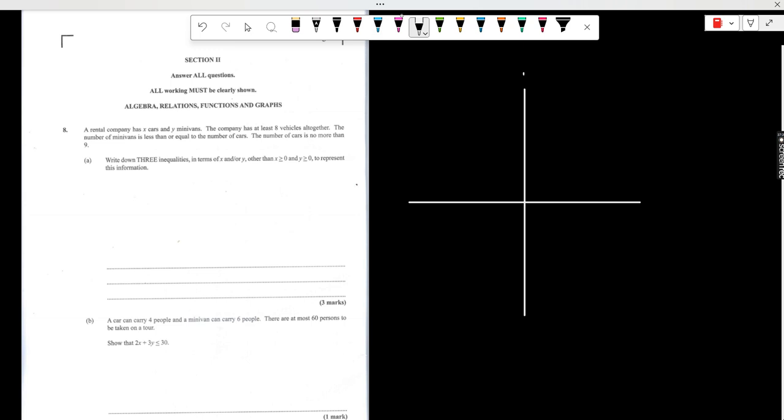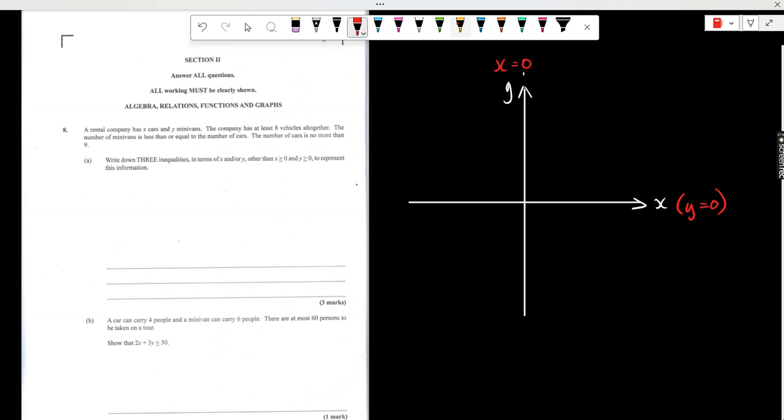So this, of course, is y. Let this be x. Now, we know that at any point on the x-axis, y equals 0. So all along the x-axis, y is equal to 0. Similarly, all along the y-axis, x is equal to 0, right?